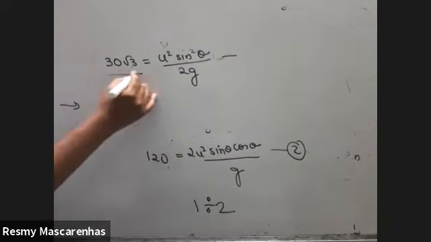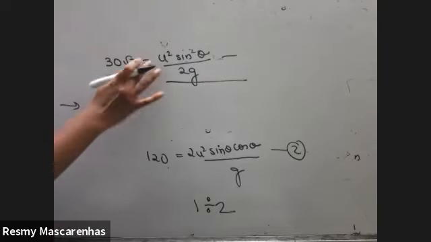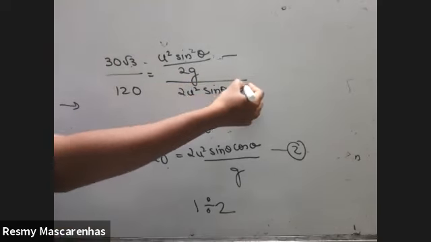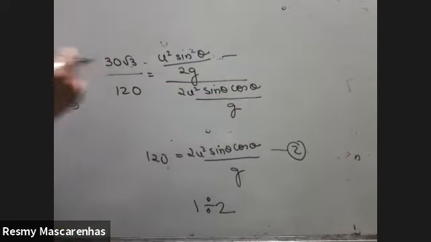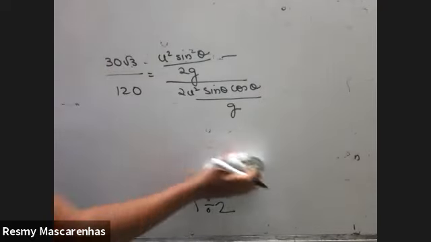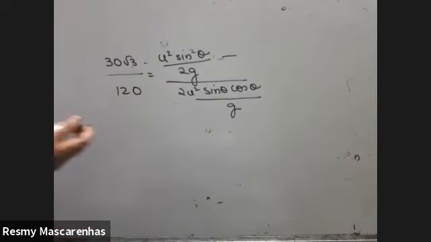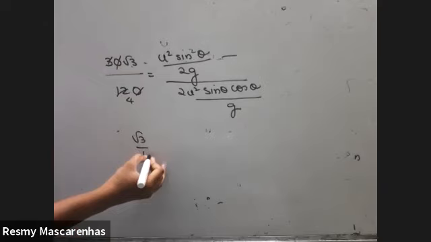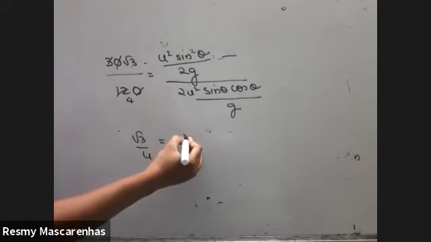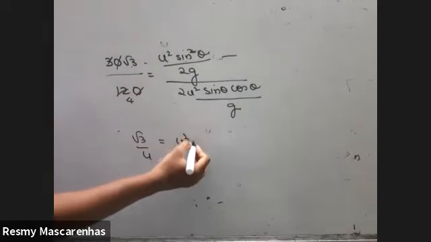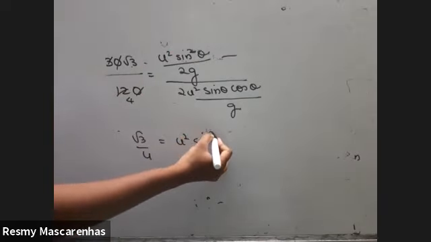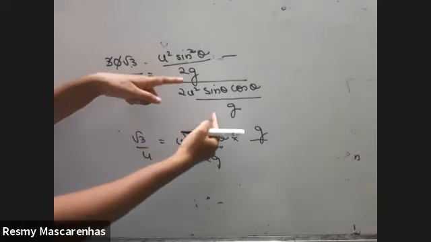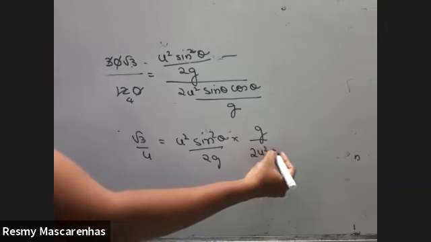So after dividing, it will look like this. This will get reversed. Sin square theta, one can write it as sin theta, or you can keep it like this, no issue. This will reverse: a upon b divided by c upon d, the second one will always reverse.